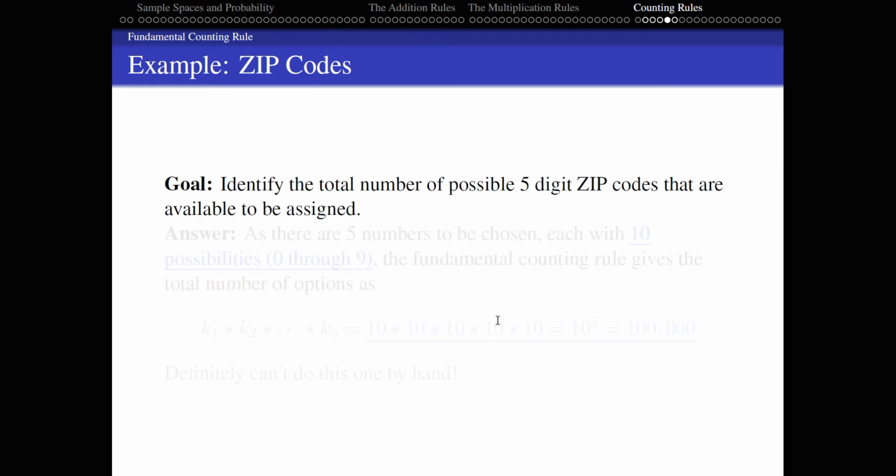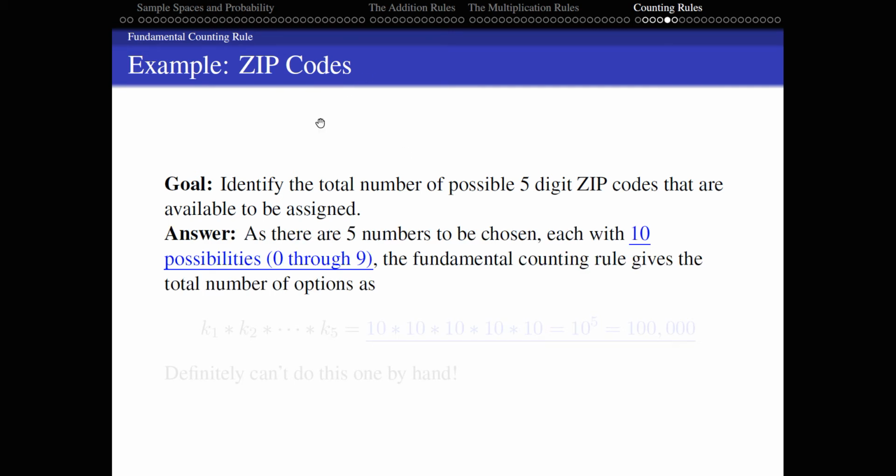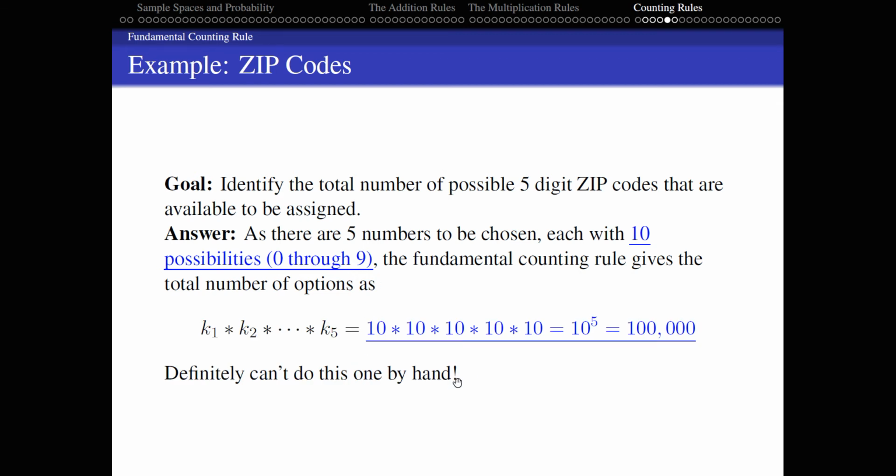Pause the video and give it a shot for calculating the total number of 5-digit zip codes. Each of the possible 5 digits has 10 total options. So K1 is going to be 10, K2 is going to be 10, K3 is going to be 10, and so on. So we could do 10 times 10 times 10, and so on for all 5 digits. That would be 100,000 total possible options.